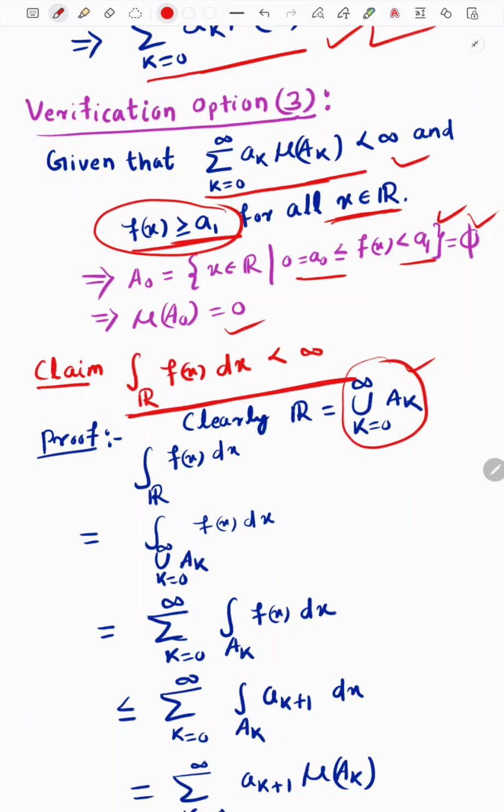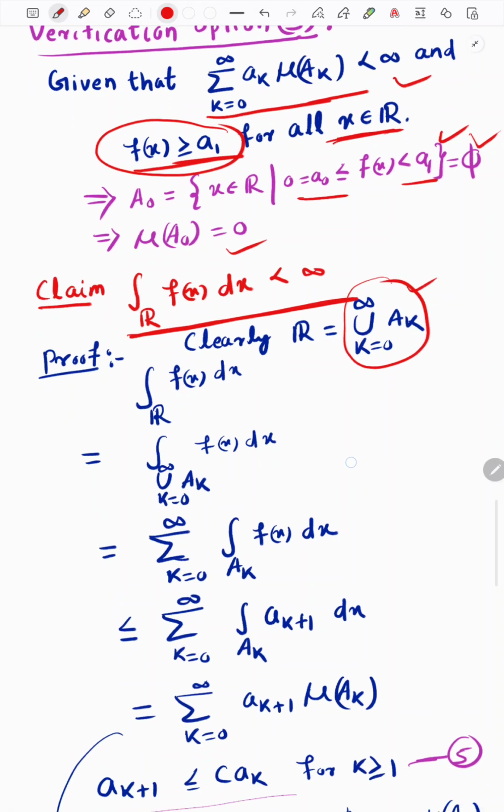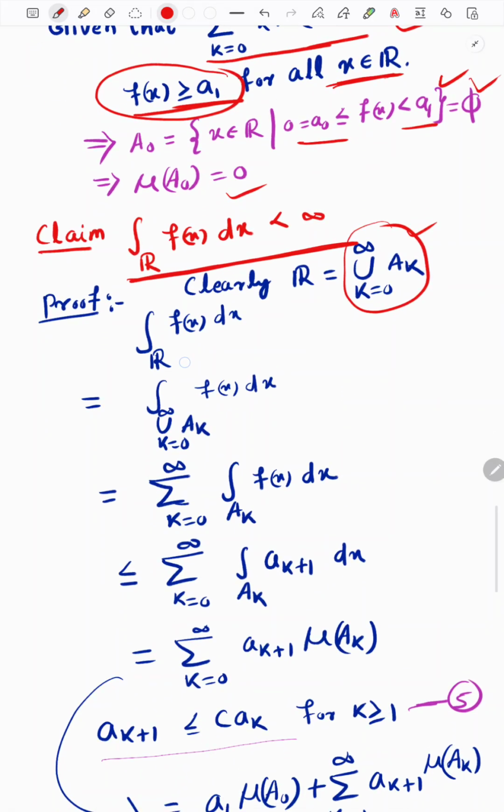Keep in mind that these all AKs are disjoint and their union gives the real number set. Okay. So we will start from this integration, then we will show that this integration value is finite. But we know that the real number set can be written in this union form. Okay, union of all the AKs, and these AKs are the initial AKs which are defined in our question. Okay.